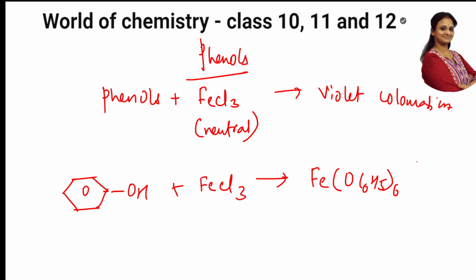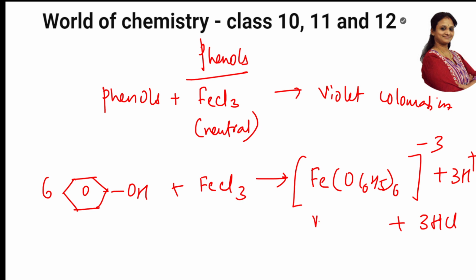So basically, students, if I take six phenols here, I'll be getting a -3 charge along with an acidic proton plus 3 HCl. So this is your violet coloration complex. So phenol can be differentiated with this. Okay, done. Alcohols and phenol.